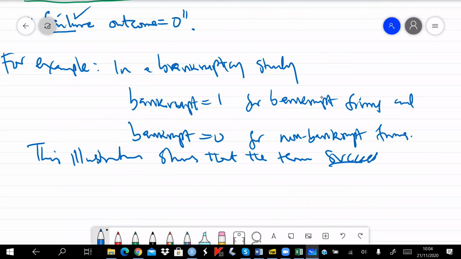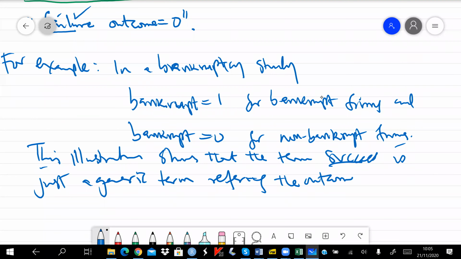So it shows that the term success is just a generic term referring to the outcome of interest. Because we are calling this your success outcome when a firm is bankrupt, and bankrupt is equal to 0 when the firm is not bankrupt. So this is just a label. It doesn't have a literal meaning in this case.